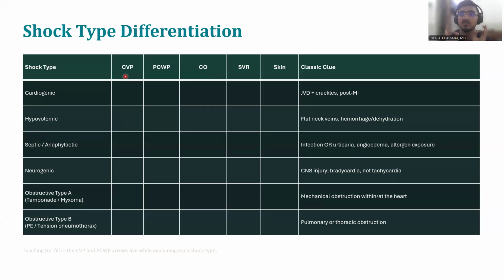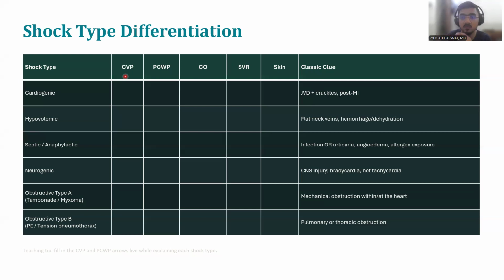What is pulmonary capillary pressure? It's the pressure present in the pulmonary capillaries. The sequence is right atrium, right ventricle, pulmonary artery, pulmonary capillary, pulmonary vein, and then the left atrium. The pressure in the pulmonary capillaries is the pulmonary capillary wedge pressure, which is measured by a wedge, and it reflects the pressure in the left atrium because the pulmonary capillaries are closest to the left atrium.